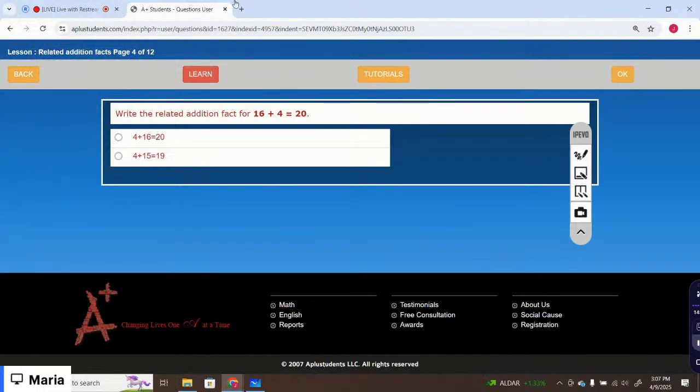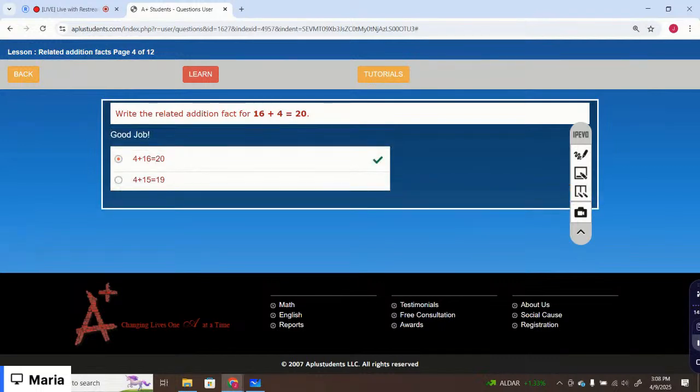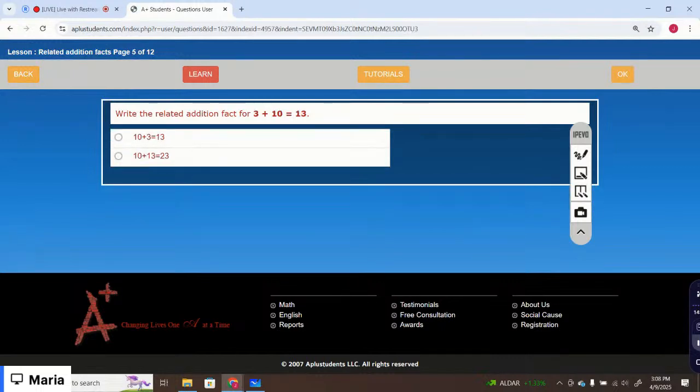Option number 1 is the correct option. That is 4 plus 16 equals 20.